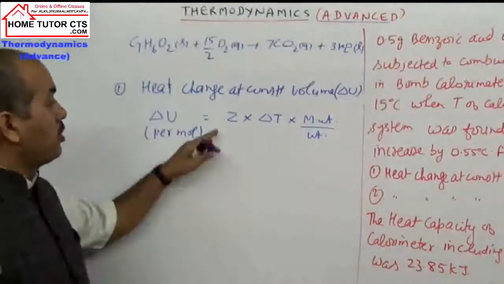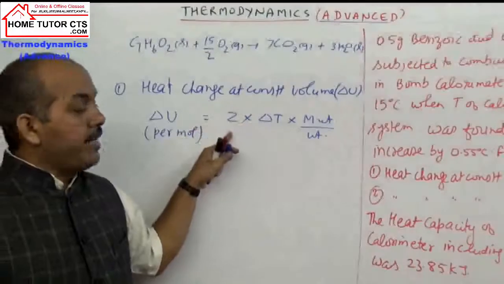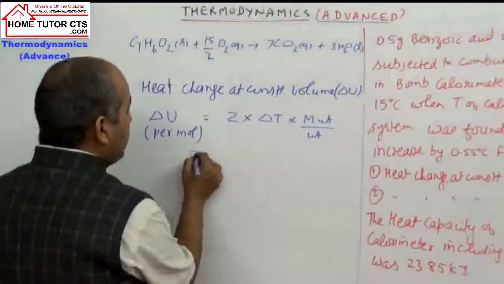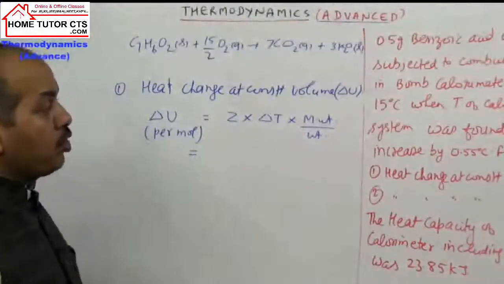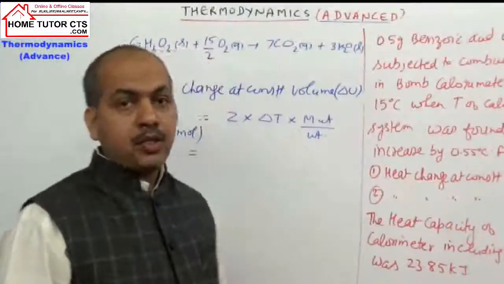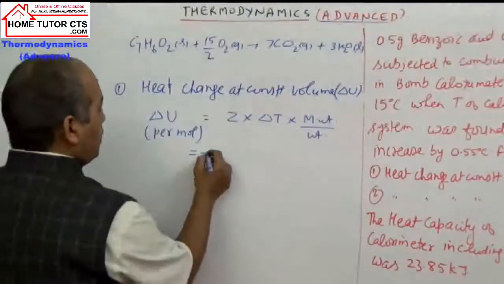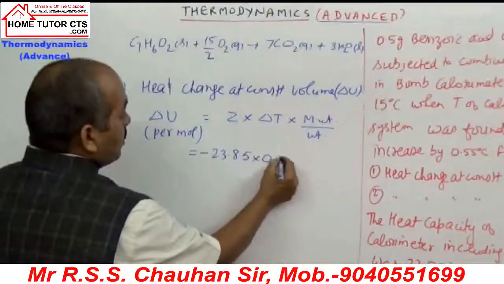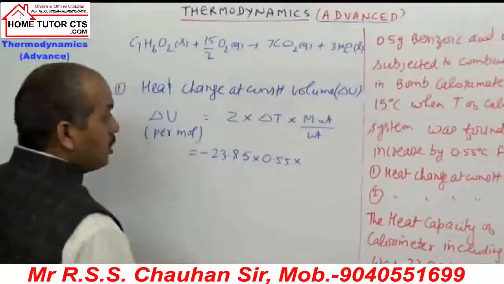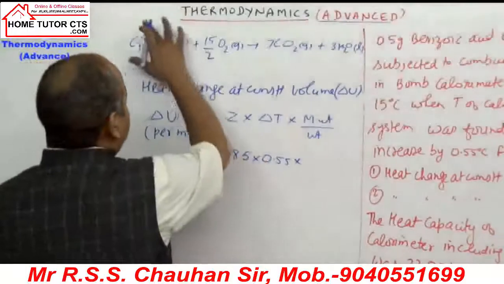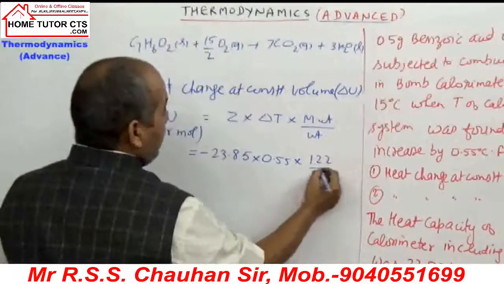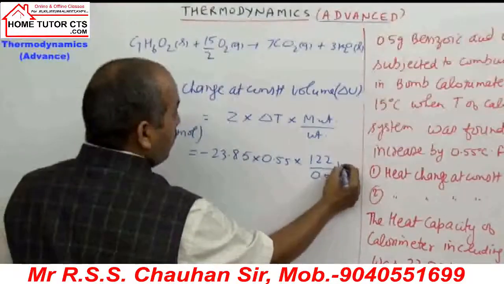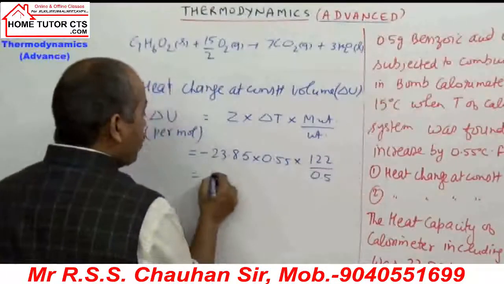Now Z is the calorimeter heat capacity including water content. It is 23.85. Since it is heat evolved which causes the temperature to rise, we take a negative sign. 23.85 into delta T 0.55 into molar weight of substance, which is 122, by the weight of substance. This value will come in kilojoule per mole. On solving, you can check it out.